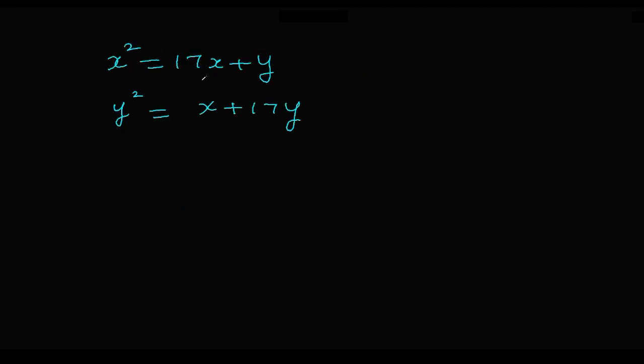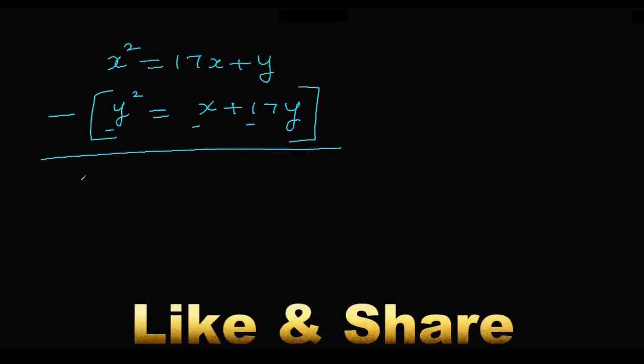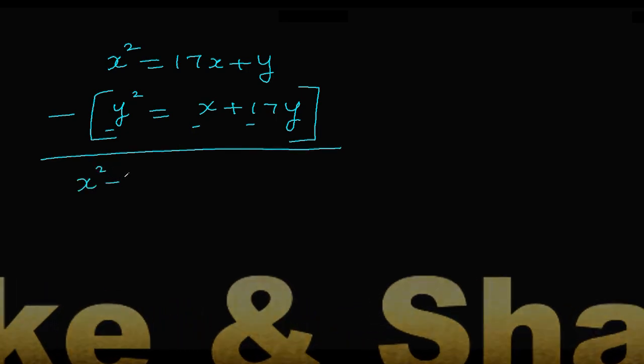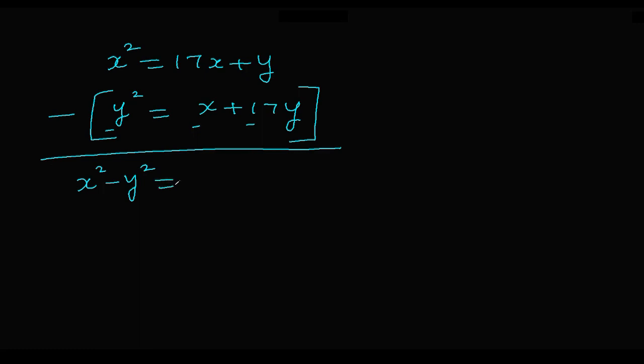So I have written the equations here. As a first step, I'm going to subtract the equations. So all the signs get changed, as you know. It will be x squared minus y squared is equal to 17x minus x, which is 16x, and y minus 17y, which is minus 16y.